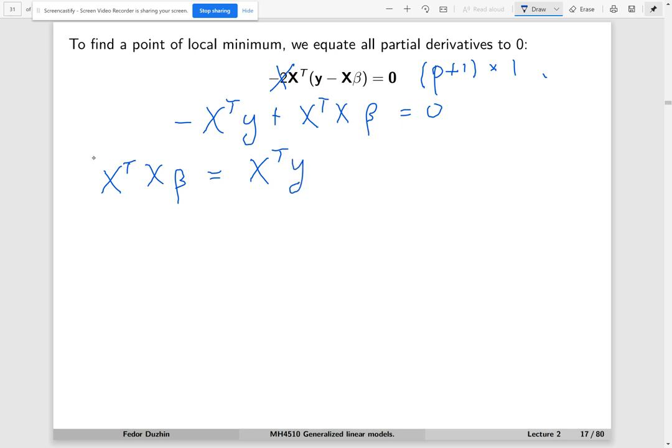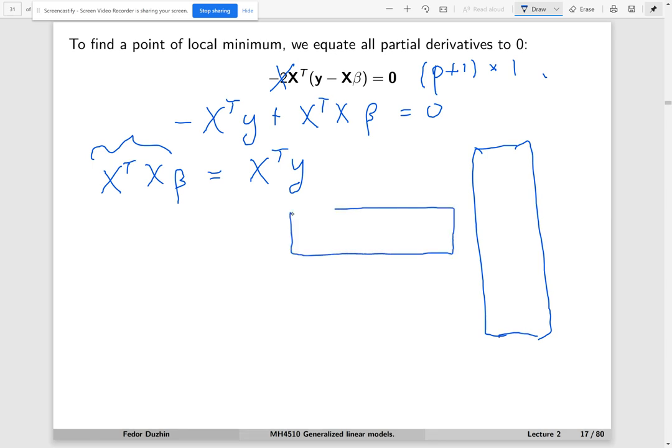And now let's think a little bit. Let us look at this matrix in front of beta here, x transpose x. Now our x is a super huge matrix, our whole training data set, and it is very, very tall. It has a lot of rows and maybe not a lot of columns. The transposed version of x is very, very wide and not very tall, right?